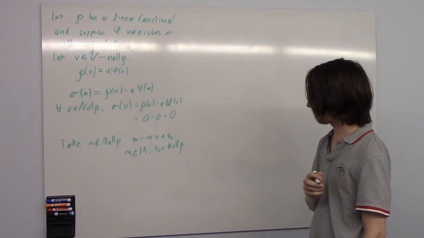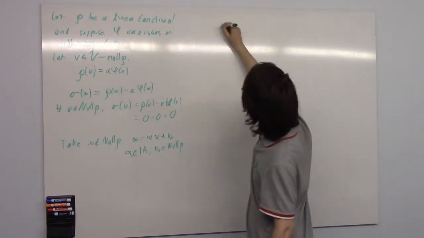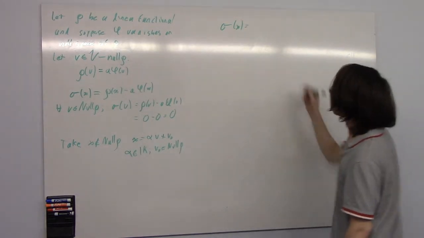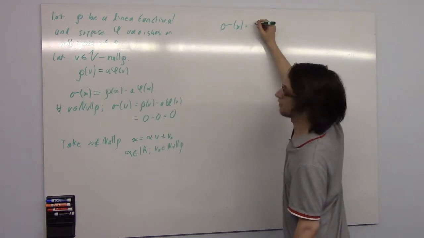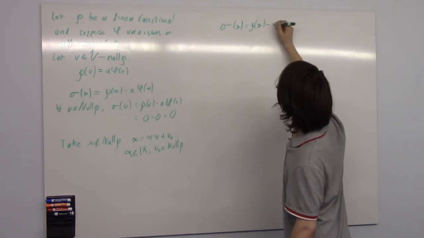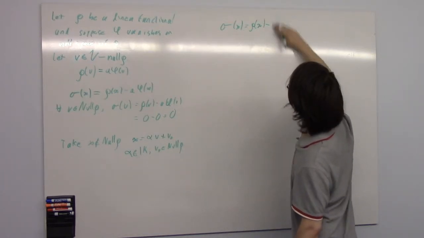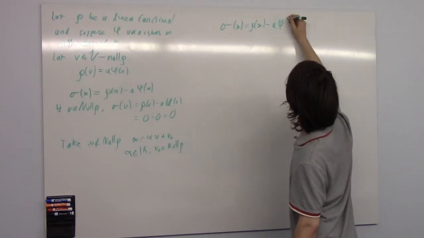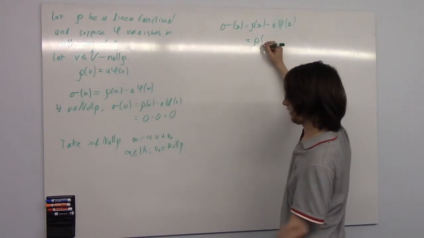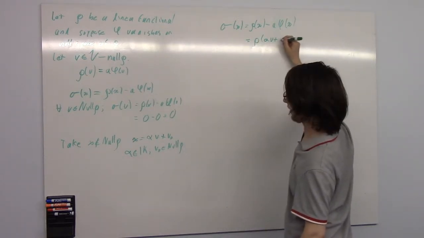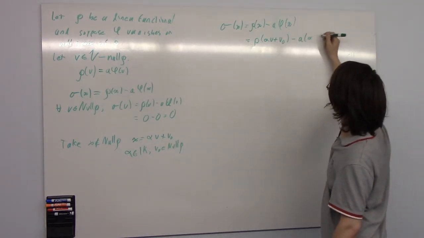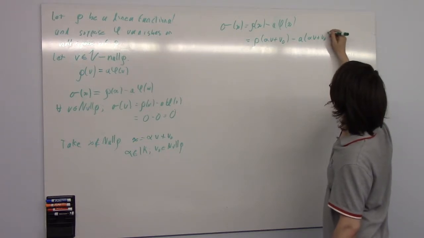Okay? So we compute sigma of x equals rho of x minus a phi of x. This equals rho of alpha v plus v naught minus a of alpha v plus v naught.